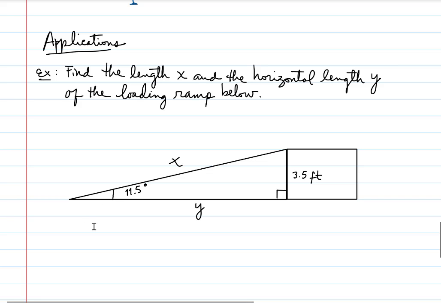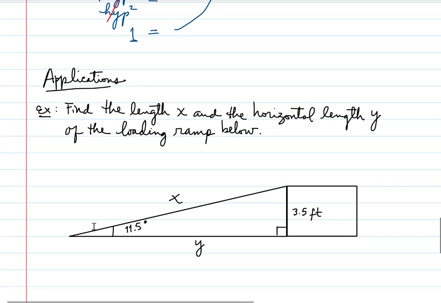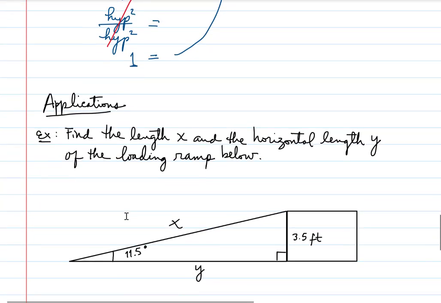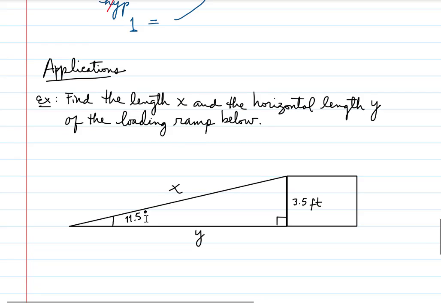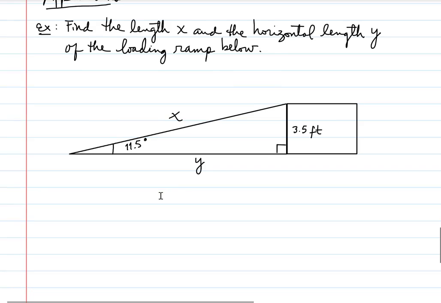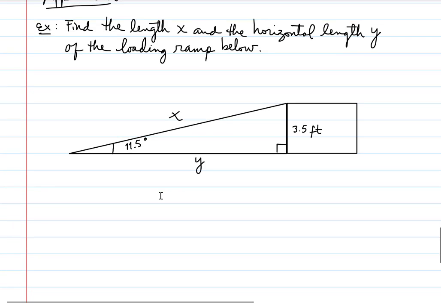Out of the six, there are going to be two that you can use. So which one uses opposite and hypotenuse? If you remember your trig functions, sine of 11.5 degrees is going to be opposite, which is 3.5, over hypotenuse.